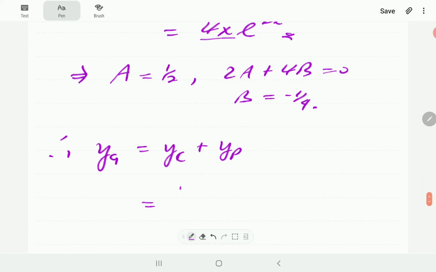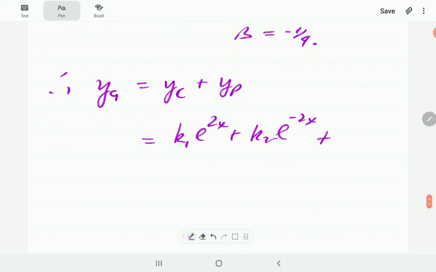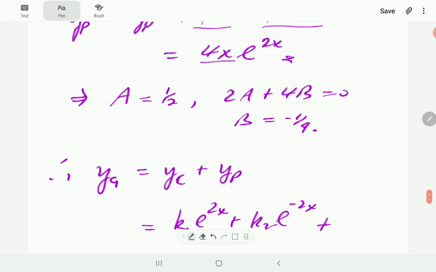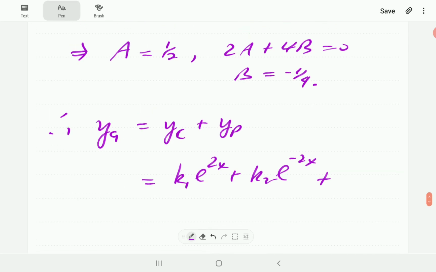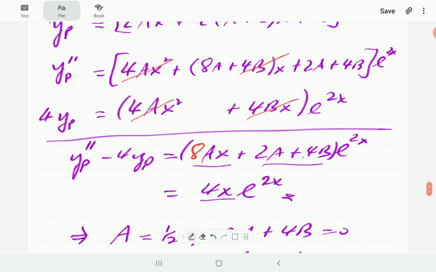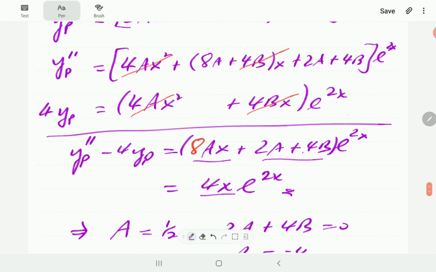And so the general solution, which is yc plus yp. So remember, yc is k1 e to the 2x plus k2 e to the minus 2x. And then for yp, we just have found that a is 1/2, b is -1/4.